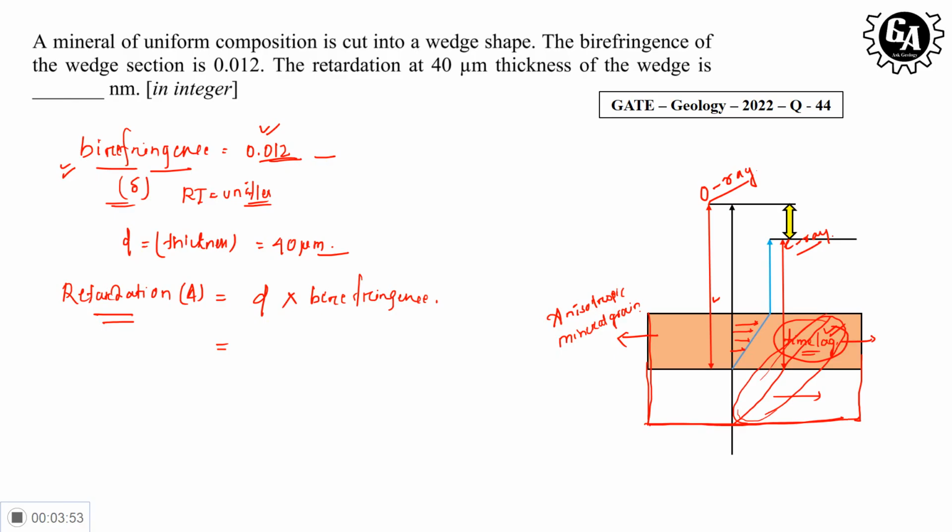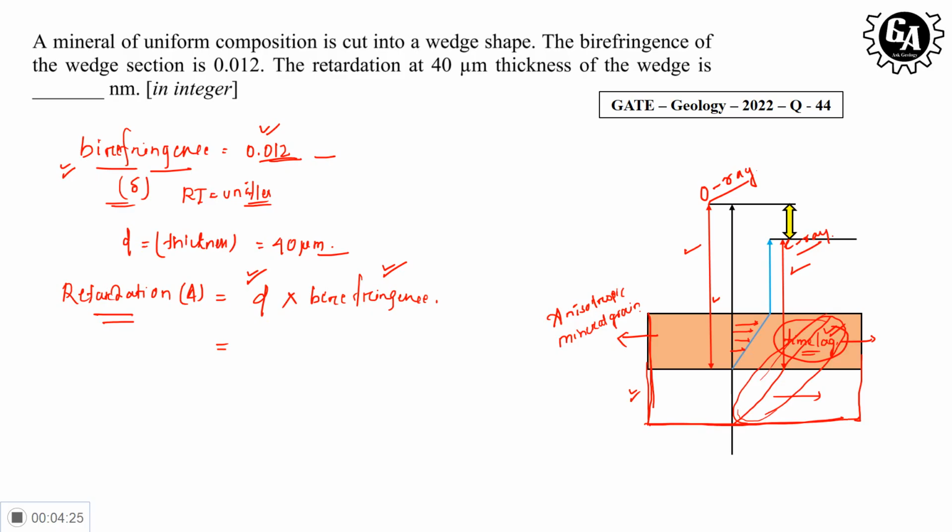So this retardation value depends on the thickness. And another thing is the difference between the refractive indices of the O ray and E ray, that is your birefringence. So retardation depends upon two factors: thickness and birefringence. And birefringence is simply the difference between the refractive indices of the E ray and O ray.